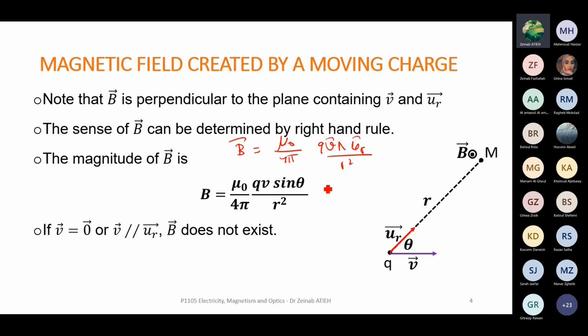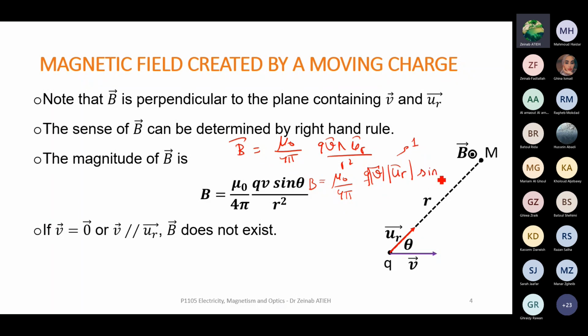So the magnitude is simply mu 0 over 4 pi, Q, the magnitude of V is simply V, and the magnitude of UR is simply 1.